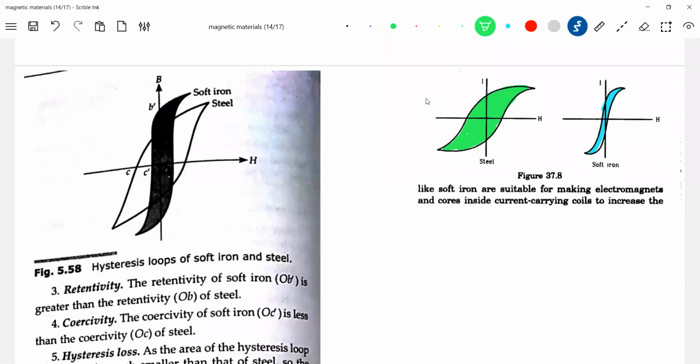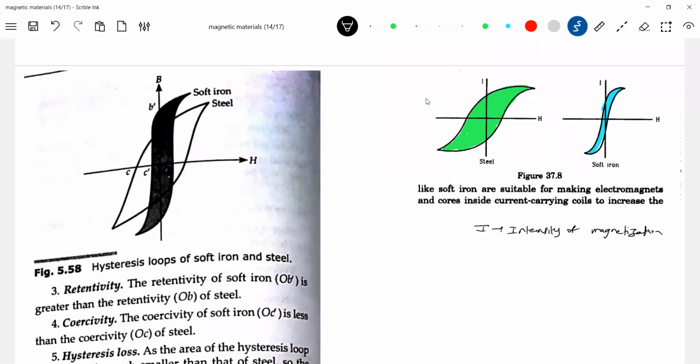Now, when I compare the steel and soft iron, I do have the areas like this. They don't have different material, they'll have different values of H, nothing, no problem. I already told you what H is: the intensity of magnetization.